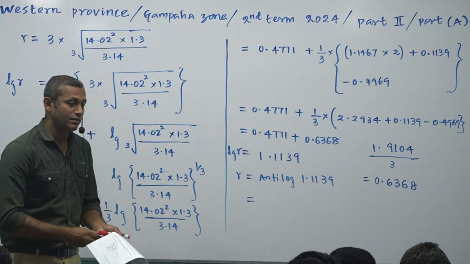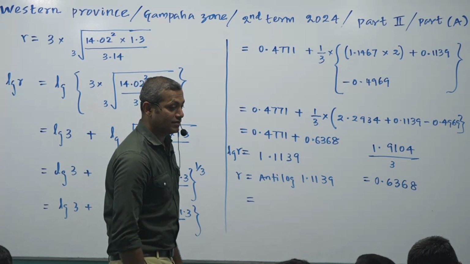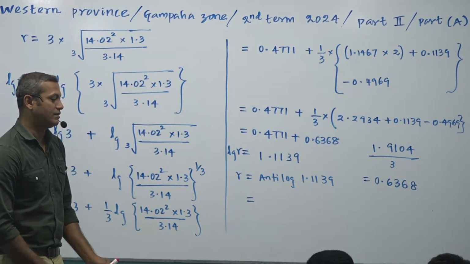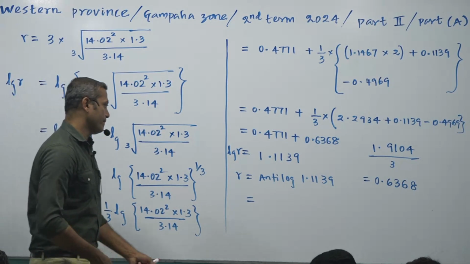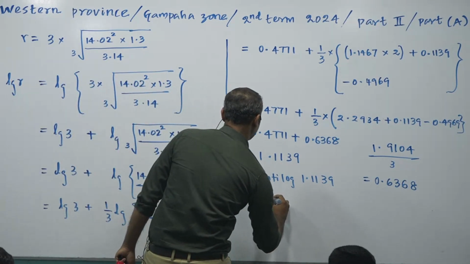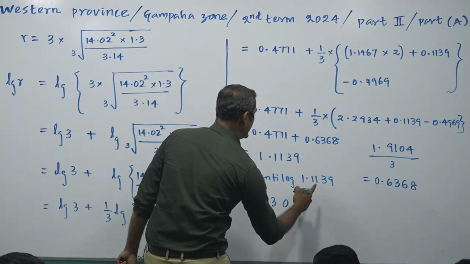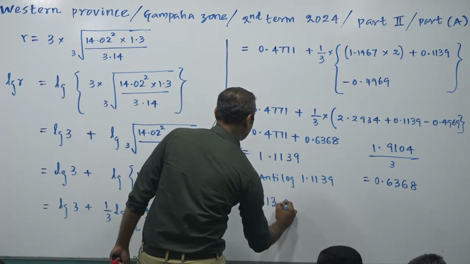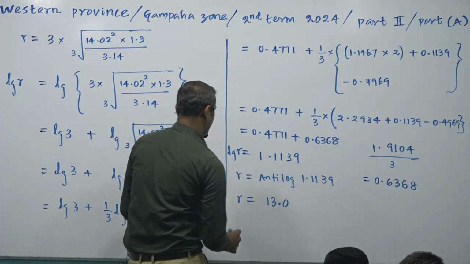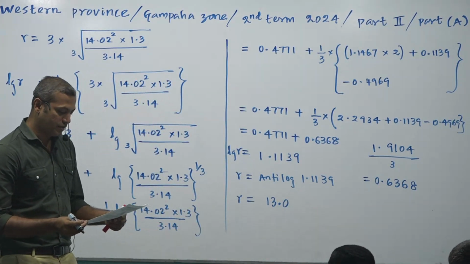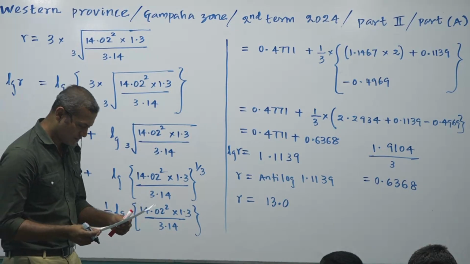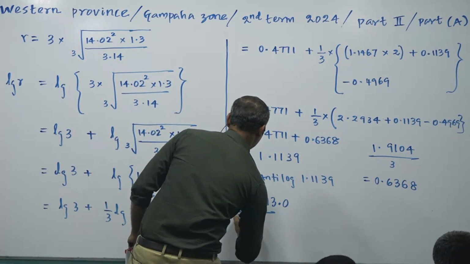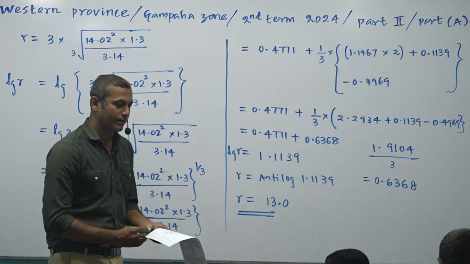Search this. Exactly 13. 13 and 0. Then 1 point means it's a 2-digit number. 13. Units of centimeter or meter or what it is? No unit given. So R equals 13 is the answer.